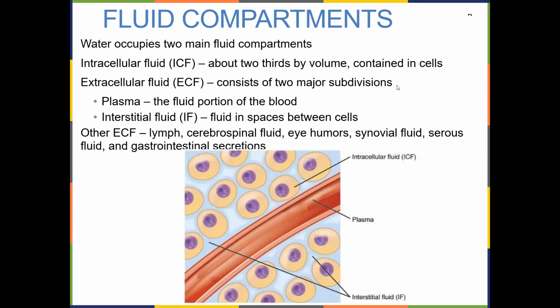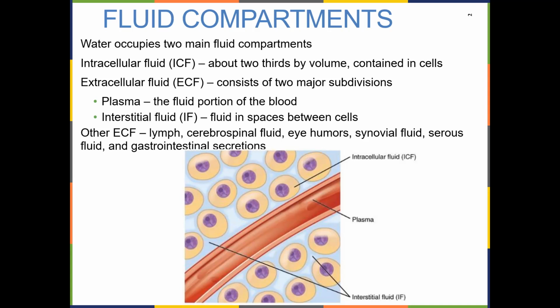Now, the other fluids we have to take into account: we have cerebrospinal fluid. That's only about 5 ounces of fluid, 150 mils, if that much. We have fluid in the eyeballs. We have the synovial fluid in our joints.